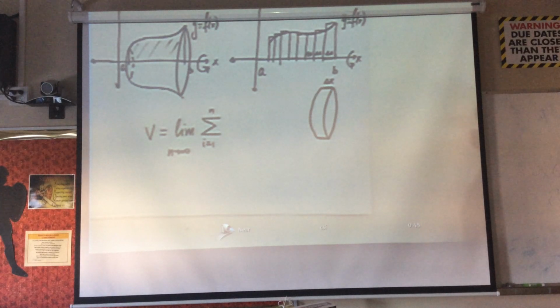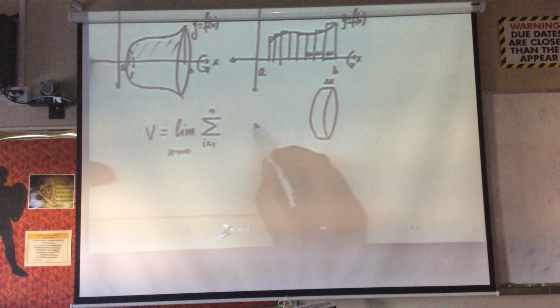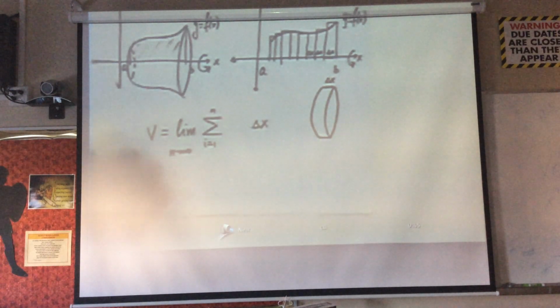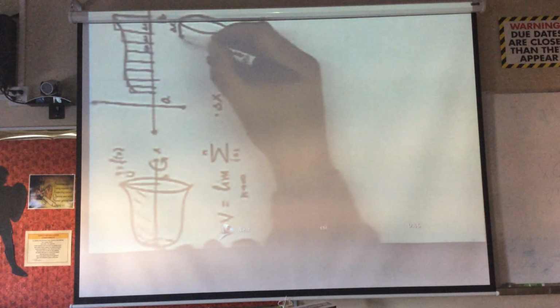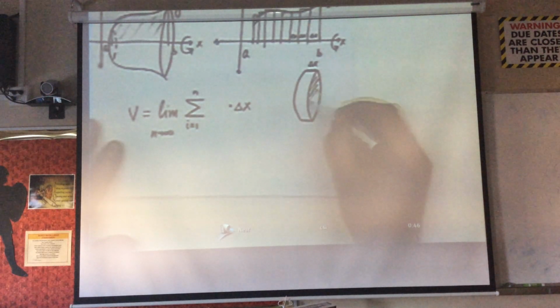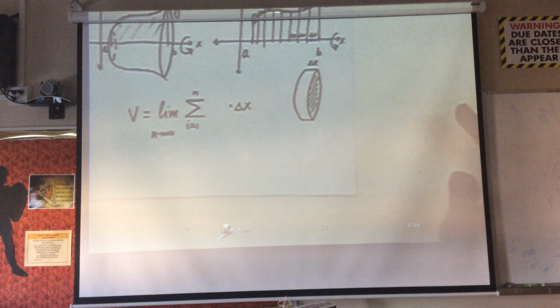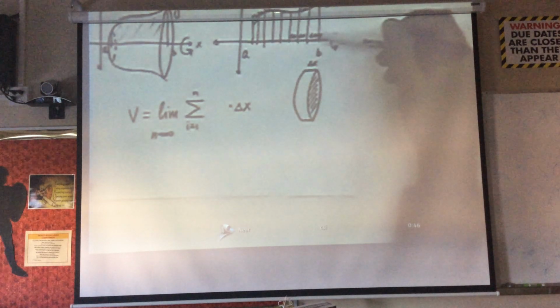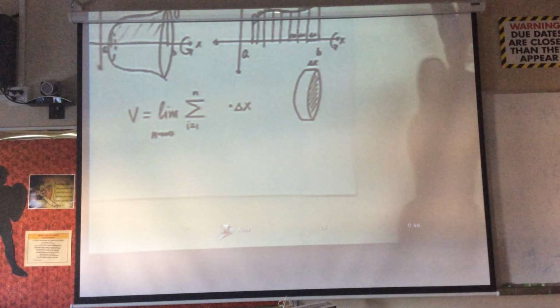But overall, what's the formula for the volume of a cylinder? Area of the base times the height, right? So your height is always the same. That's your delta x of the cylinder. One more time, this is your delta x over here. But then we just said, what is the area of the base? It's the area of a circle here, right? And when you keep cutting it, no matter what, it's still a circle, just a different size.